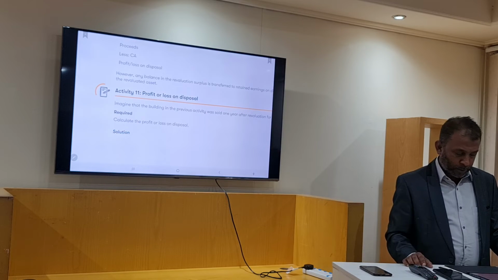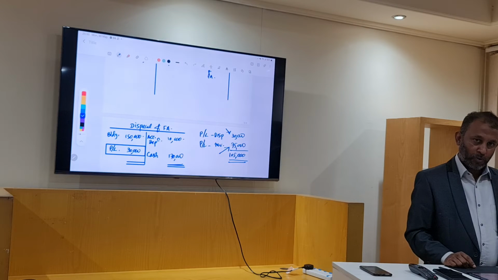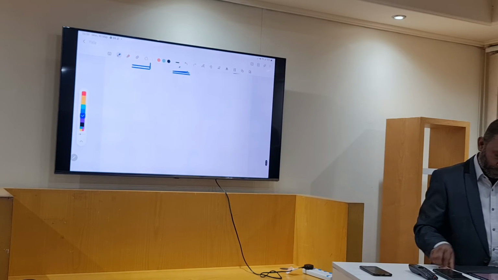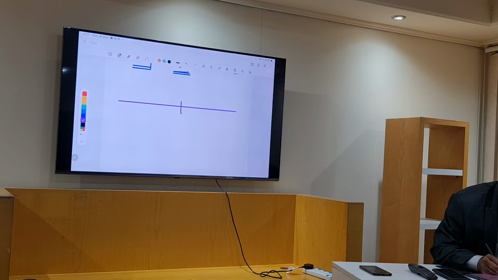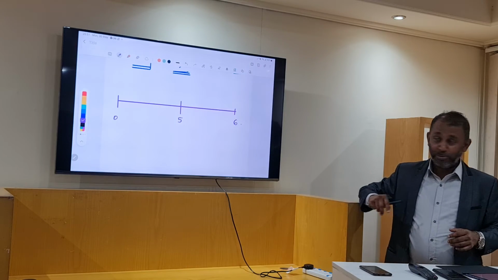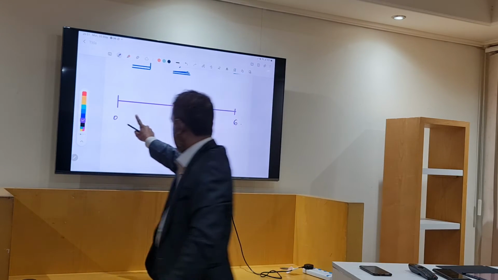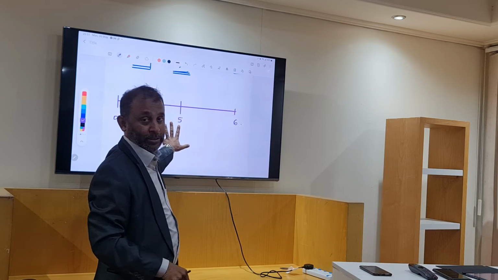One more thing I want to teach you here, that also is not in the book, but I would like to give you that knowledge. Don't worry about the size of the gaps. Up to here, normal usage of the asset. We didn't do revaluation.